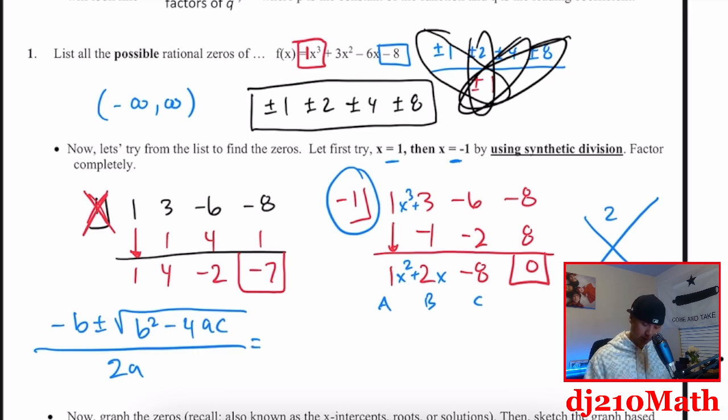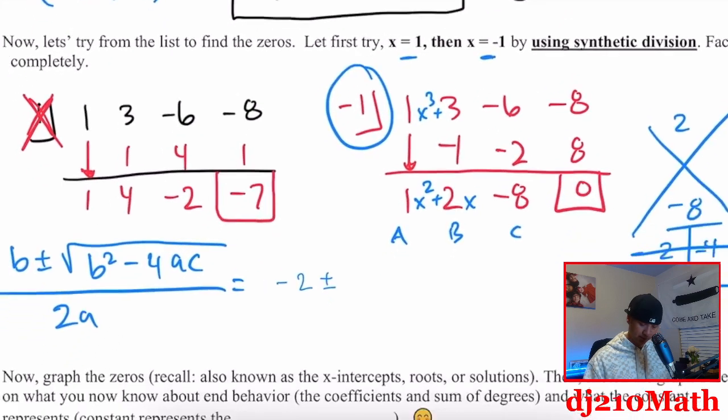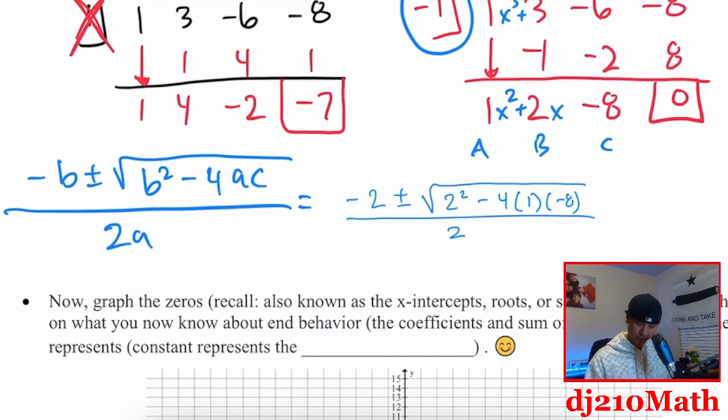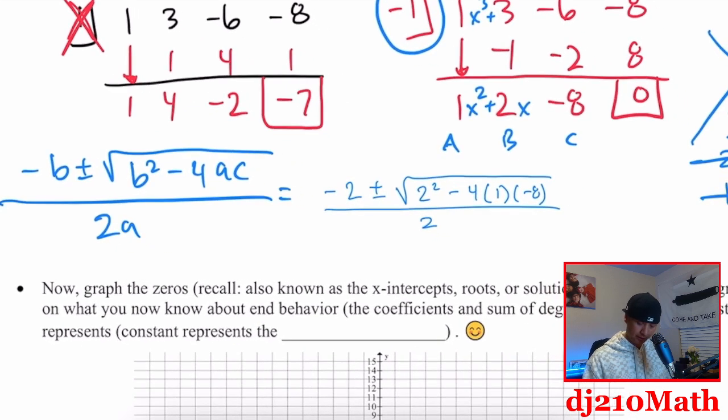Okay, so let's start just plugging in what we know. So b, so negative 2 plus or minus the square root of 2 squared minus 4 times a times c, negative 8, all over 2a, 2 times 1. Okay, this is going to be negative 2 plus or minus, 2 squared is 4.